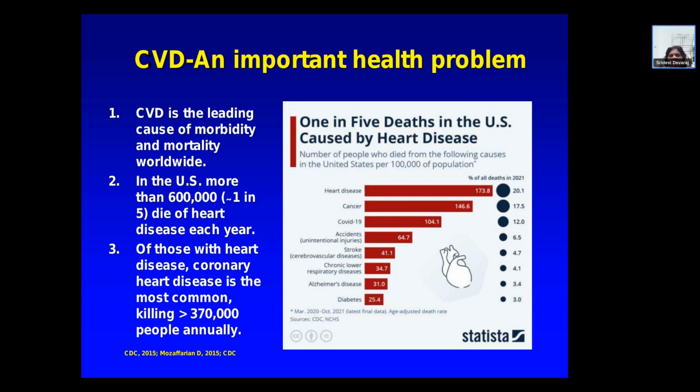So that is a big number for our healthcare to manage. And of those with heart disease, among all of the other vascular diseases, coronary artery disease is the most common, with a morbidity of more than 370,000 people annually.